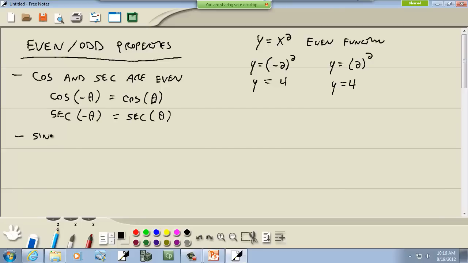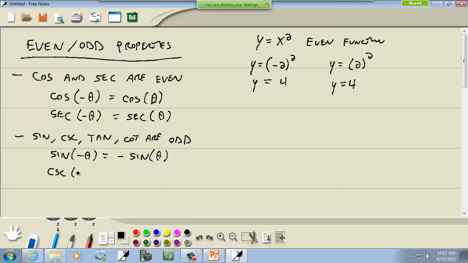Now sine, cosecant, tangent, and cotangent are odd functions. We're going to see this when we get to the graphing. Which means if you got sine of a negative angle, you can take that negative and put it out in front, and then the angle becomes positive. And that's the same with all of these.